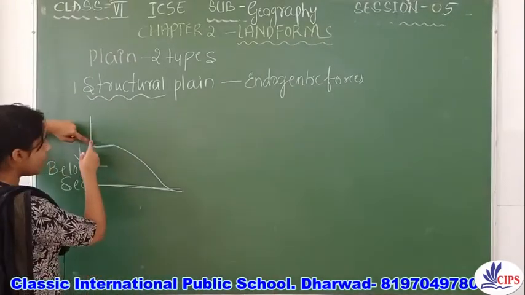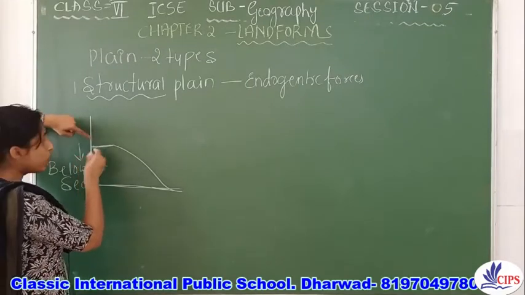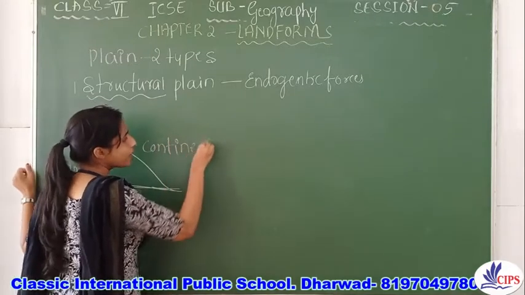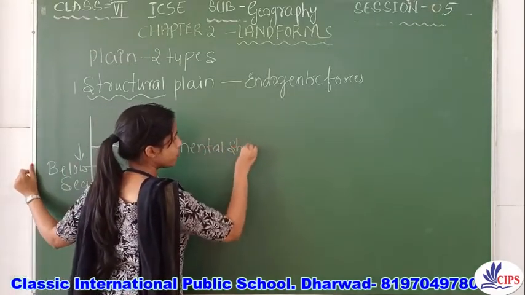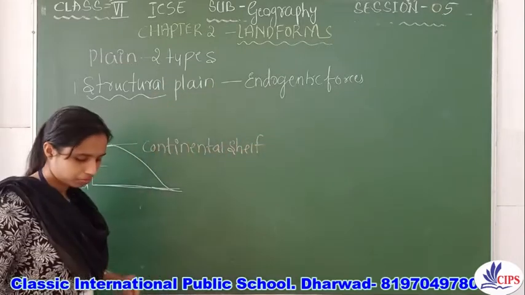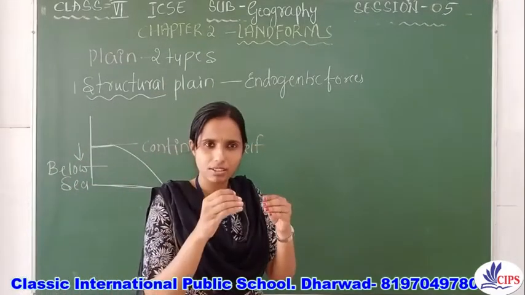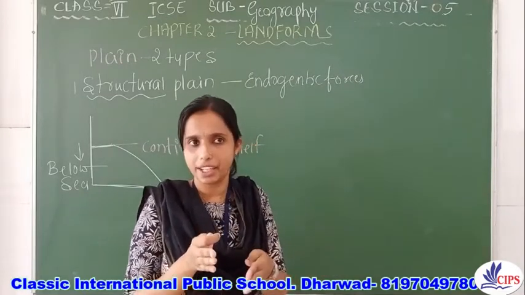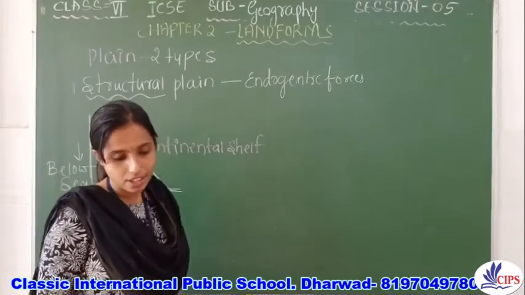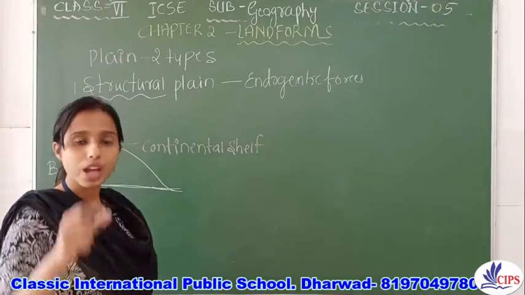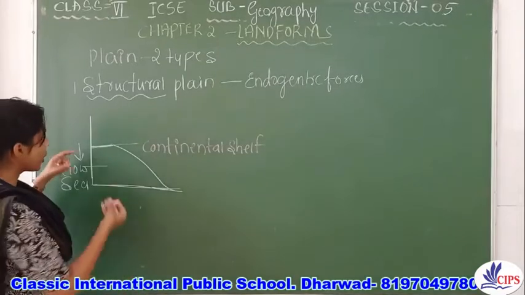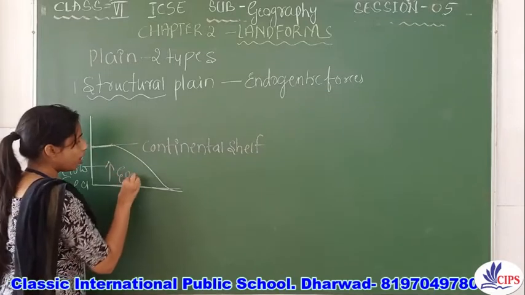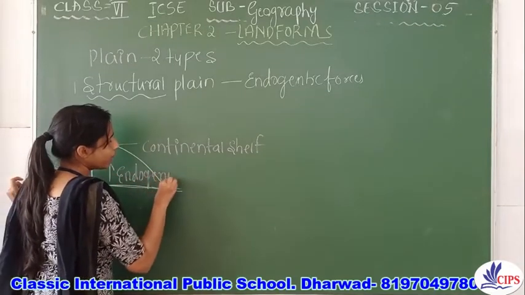The land area below the sea is called the continental shelf. The land area just below the sea, or the land adjoining the sea area, we call such area the continental shelf.